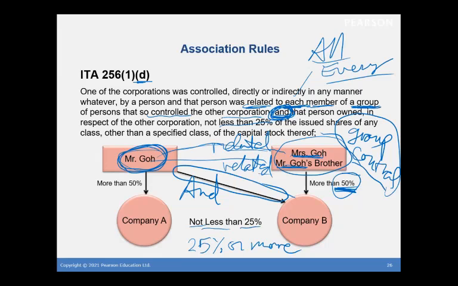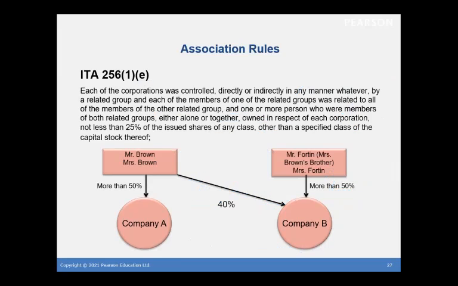So why don't we just keep on going and make it even more complicated? The next one up here, so this is E. Again, these are just different paragraphs for each different scenario right out of the Income Tax Act.